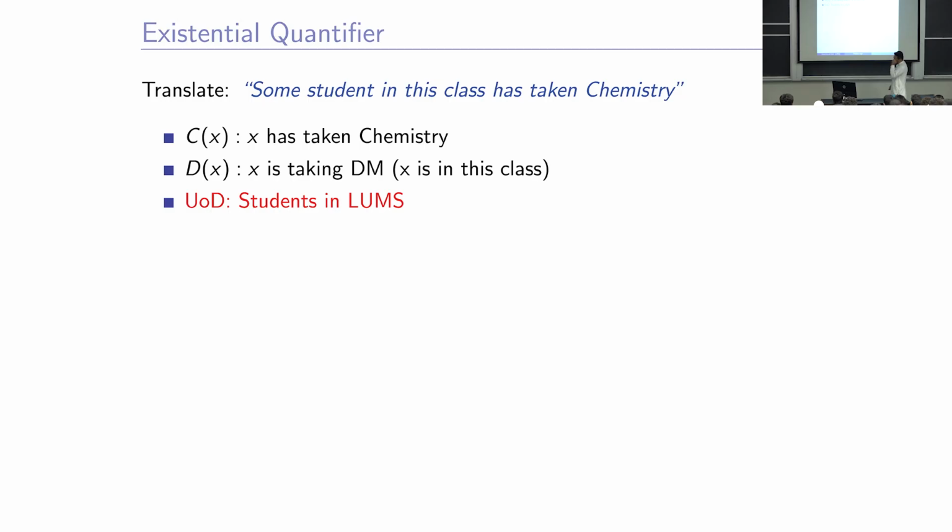If the universe of discourse is all students in LUMS, D of x is the predicate that x is in this class, and C of x is that x has taken chemistry. Go. Existentially quantified statement, translation of the blue statement.